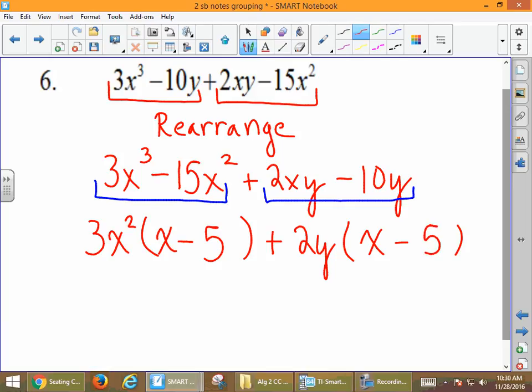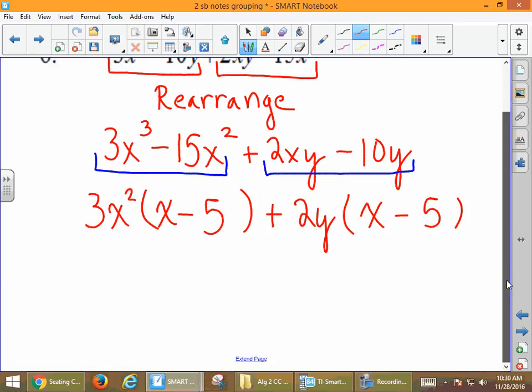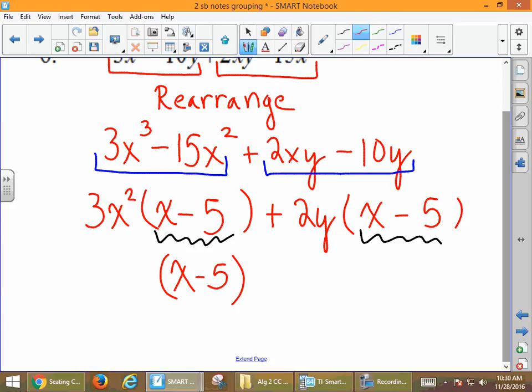We had 1y, we took it completely out. So to finish, what we're looking for is, do we have anything the same in both? Well, we have an x minus 5 here and an x minus 5 there. That's our GCF from each group. And then we'll write down our singles, the 3x squared plus 2y.